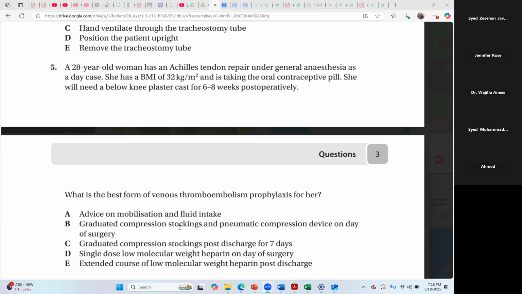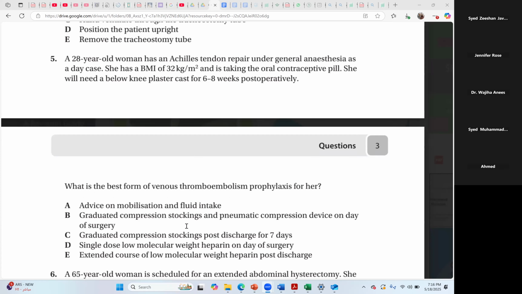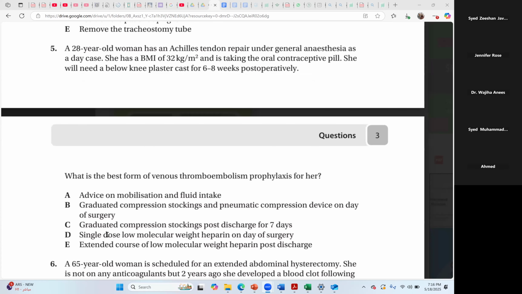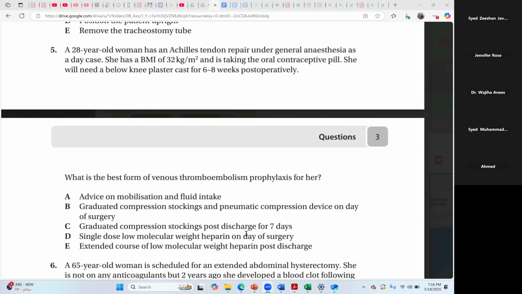So the answer will be based on how many risk factors there are and how much thromboprophylaxis is needed. The options are advice on mobilization and fluid intake; graduated compression stockings and an intermittent compression device on the day of surgery; graduated compression stockings post discharge for 7 days; a single dose of low molecular weight heparin on the day of surgery; and an extended course of low molecular weight heparin post discharge.